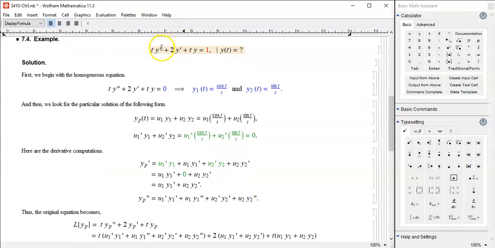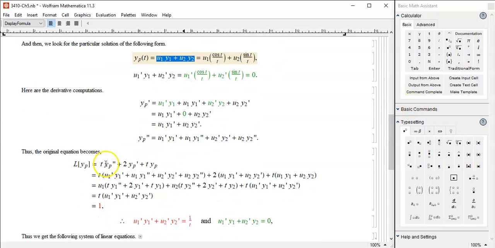And we are going to put in y double prime and y prime and y like this, here, here, and there, and that's how we get the second derivative, first derivative, and the original. So that's the second line here.